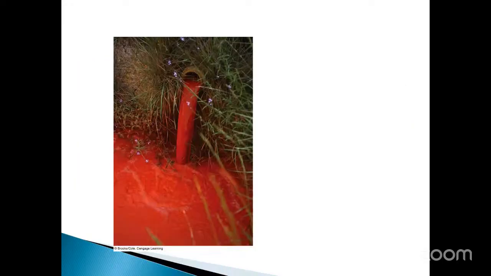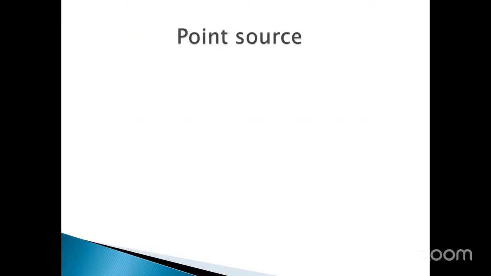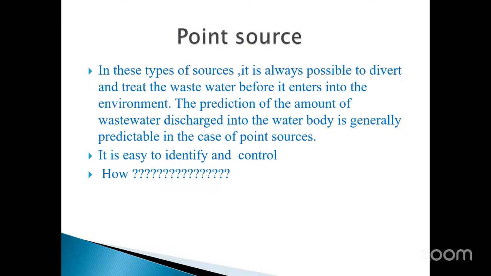Sewage outlets or factory outlets; here you can see water is coming from a particular industry. Example, the textile industry, where they use dyes. In these types of sources, it is always possible to divert and treat the wastewater before it enters into the environment. So before being discharged into the nearby water body, water must be treated.